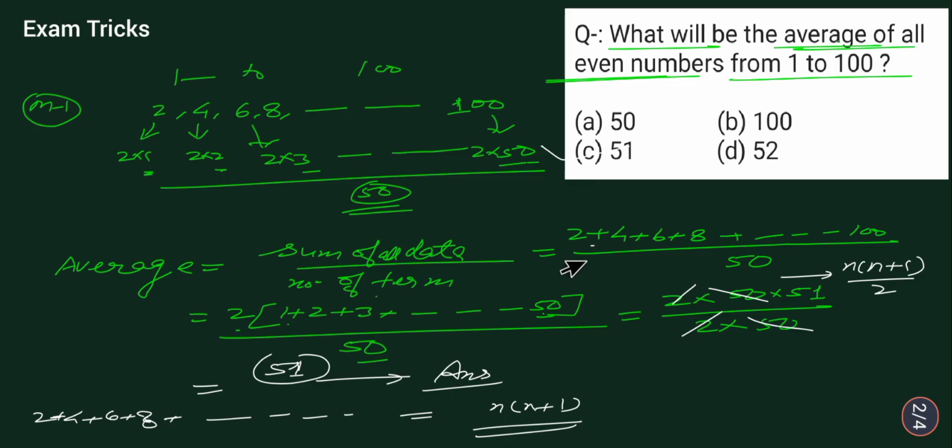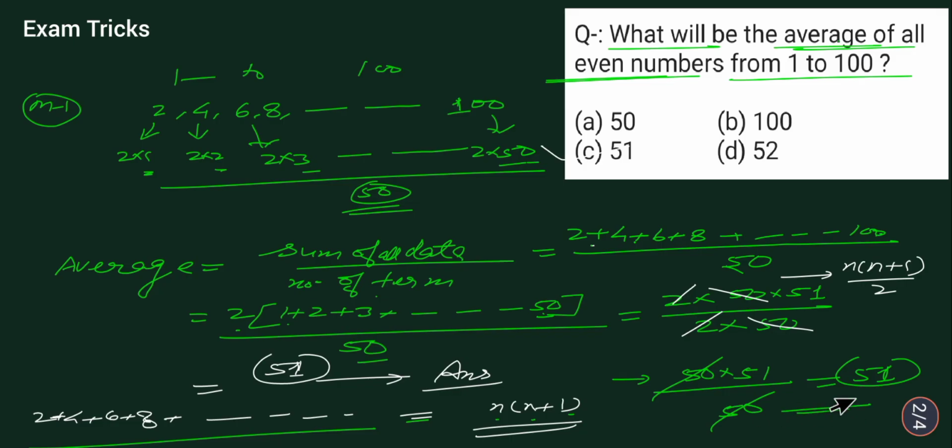So there is another method available here, right? Here the upper term would be n into n plus 1, where n is the number of terms. For 2 plus 4 plus 6 and so on up to 100, it would be 50 terms. So 50 into 50 plus 1, that is 51, divided by 50. So 50 and 50 cancel out, and it gives you 51 as the answer.